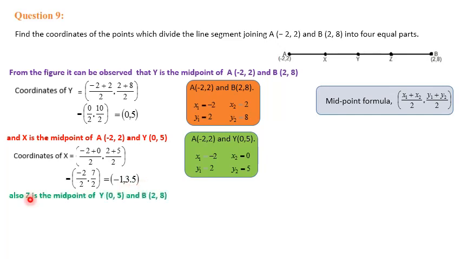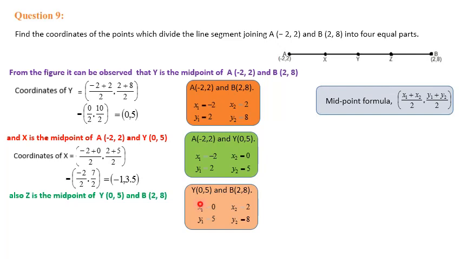Next, Z is the midpoint of Y(0, 5) and B(2, 8). By using the midpoint formula again, we calculate the coordinates of Z. The endpoints are Y(0, 5) and B(2, 8).